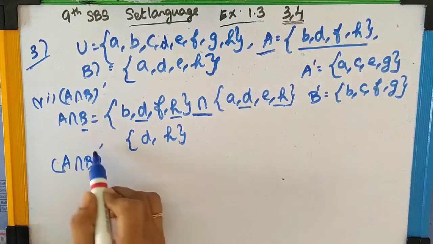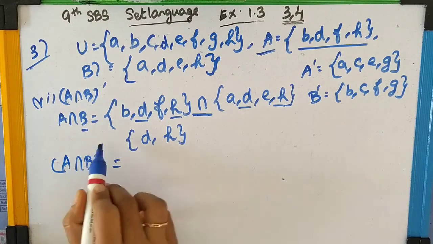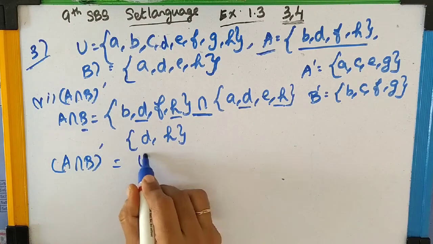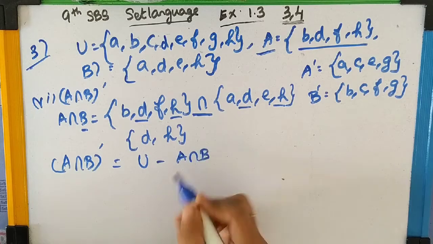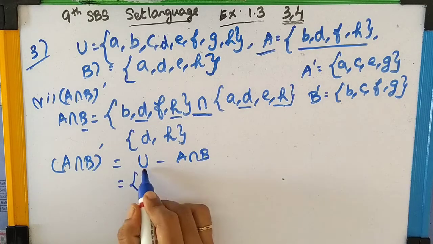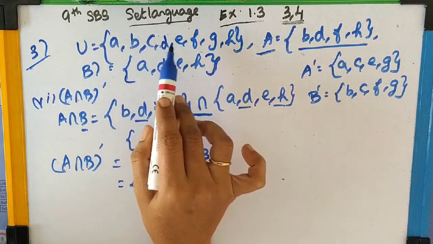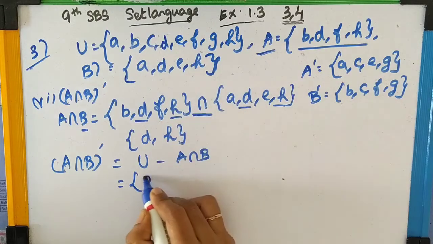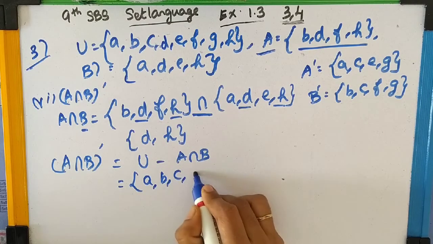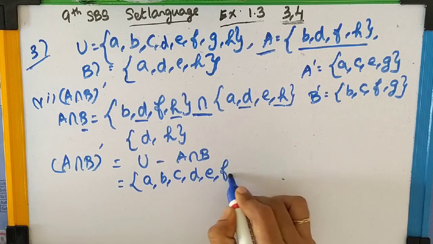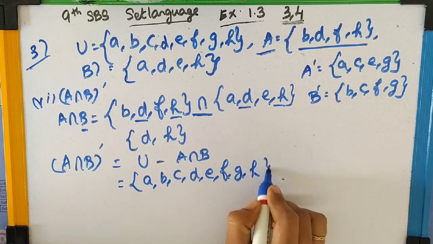What is the meaning for dash? Except that term. That is A intersection B dash means universal set difference A intersection B set. What is the universal set? A, B, C, D, E, F, G, H. Does it look like an LKG rhyme? Yes.